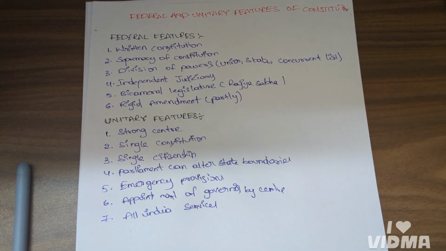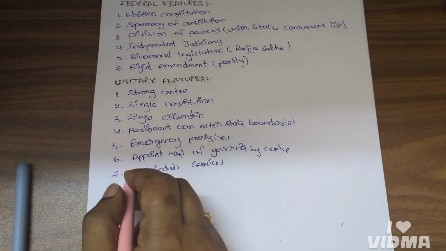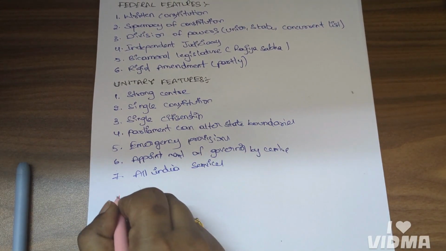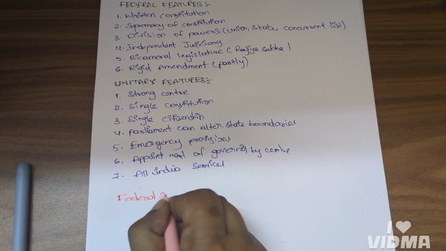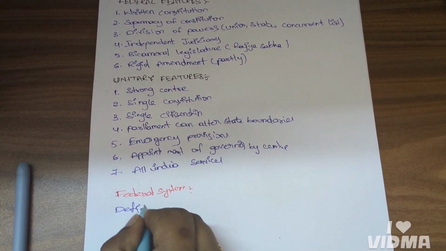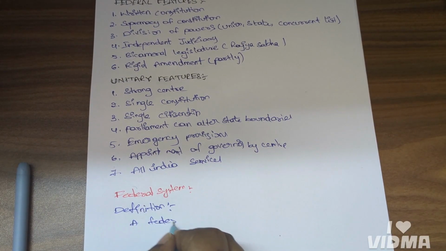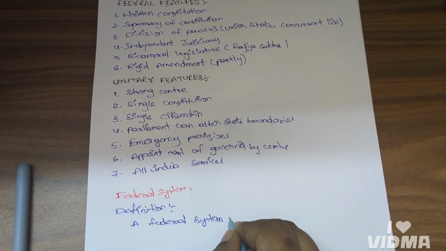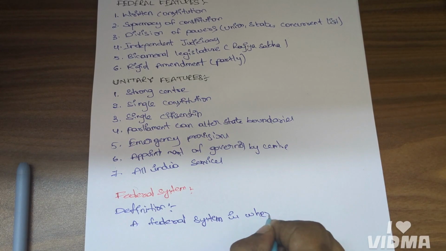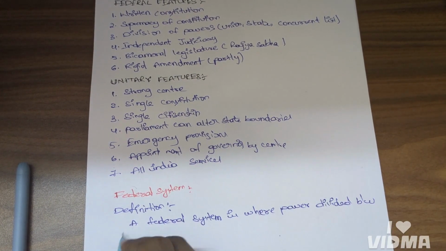We will see the definitions of the federal system and unitary system. First, what is a federal system? The federal system is one where power is divided between two levels of government. One is the central government and another is state governments. Both levels have independent authority in their own areas. Examples include countries like USA.